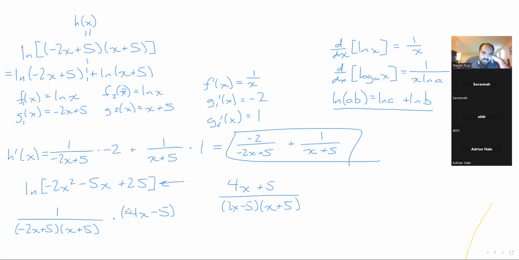What they did is they factored out a negative 1 and then changed both of these to positives. Okay. And then they did the same thing in the denominator by factoring a negative 1 out of negative 2x plus 5. All these signs get flipped too, so that becomes positive 2x minus 5.